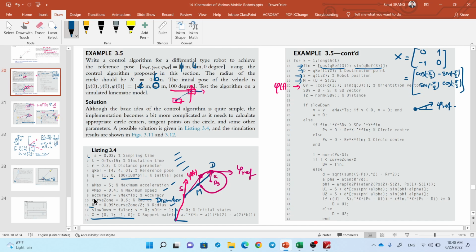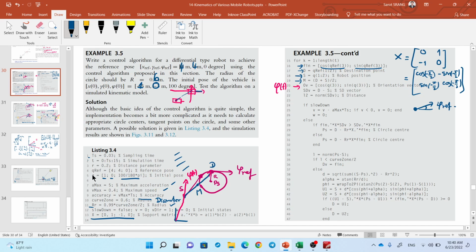For example, maximum acceleration is constrained by the actuator capacity. Velocity is the same, and accuracy depends. I think once you choose maximum velocity, that's okay. Curve zone depends on your robot. So what is the diameter of the circle that you think your robot can turn around?